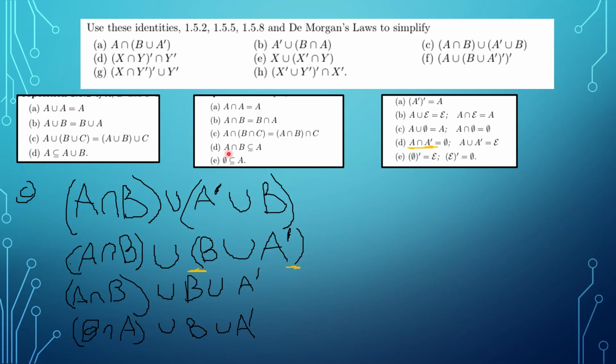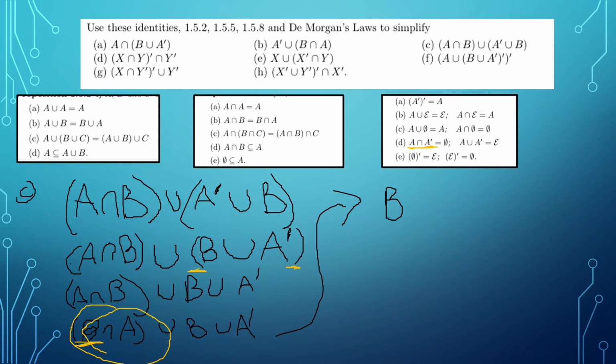The intersection of A and B is a subset of A, and in this case you have the intersection of B and A, which is of course a subset of B. Therefore, you have B, because in this case whatever's in the brackets here, B intersection A, is actually a subset of B.